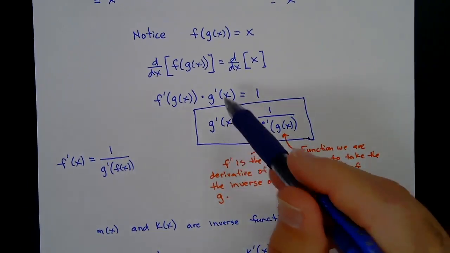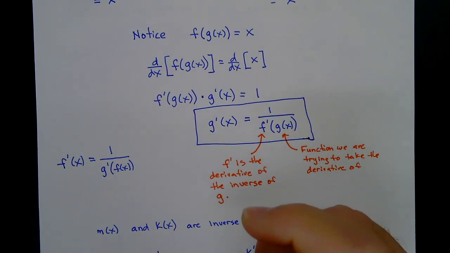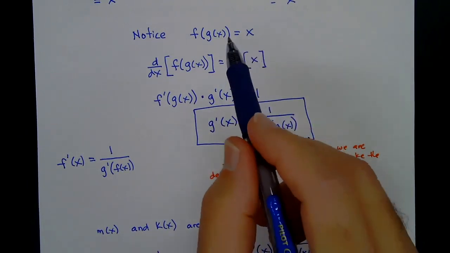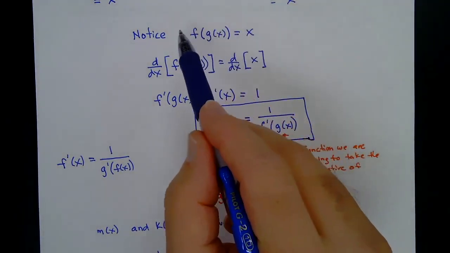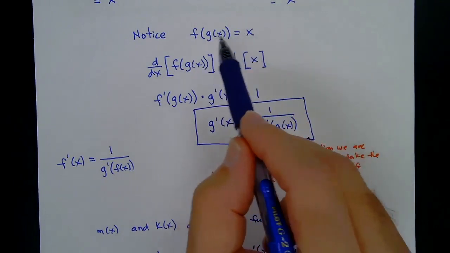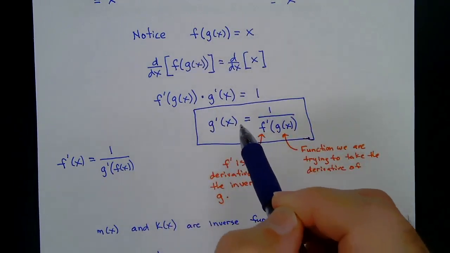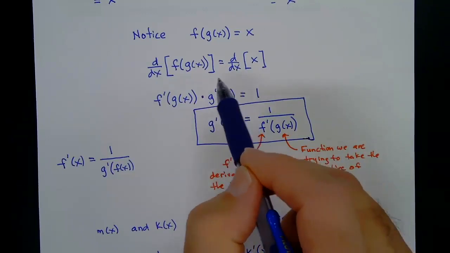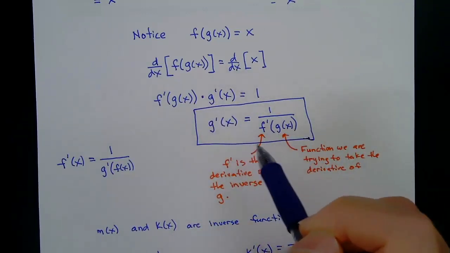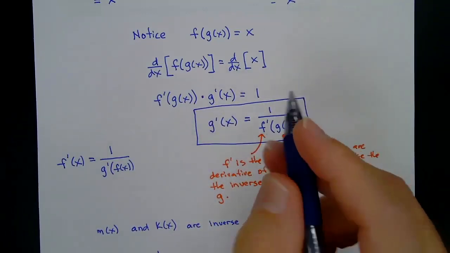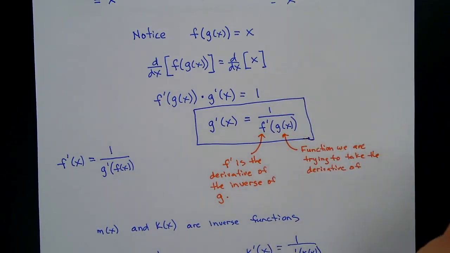The derivative you're trying to find, you want that to be the inside function. So you should know this now. Like that's easy. We just take the derivative with respect to x of both sides and then solve for the derivative of the inside function and we have it, right? So you can always do it this way.